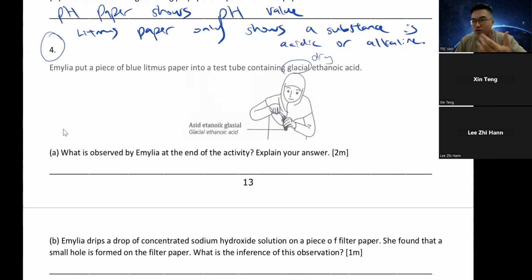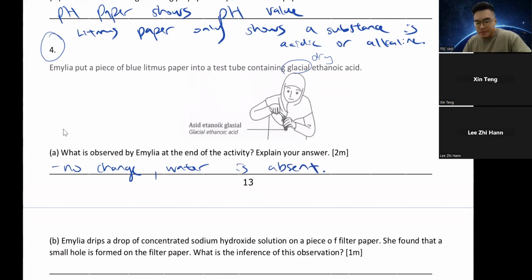Acid will only show you the property when they have water. Glacial means no water. So what is observed? You can say no change because water is absent.